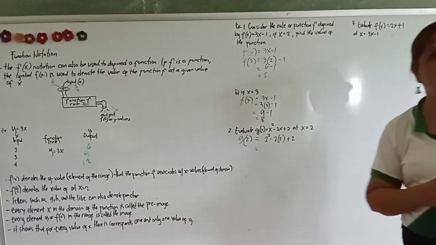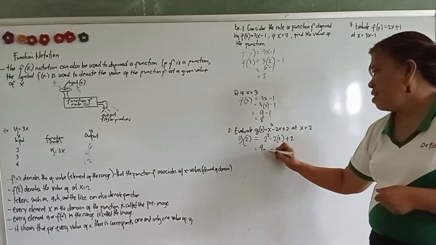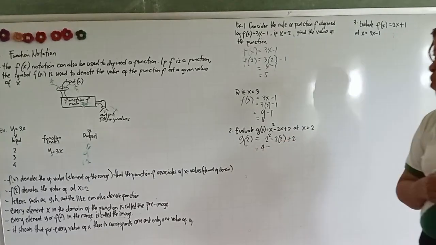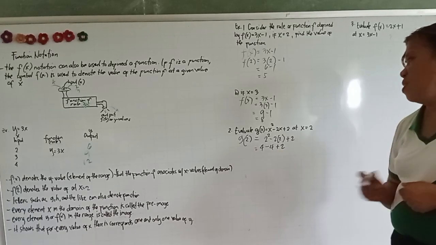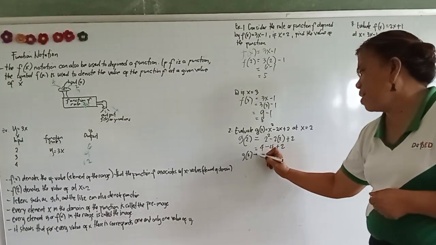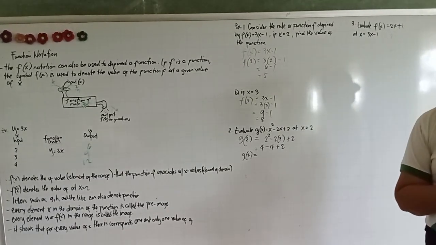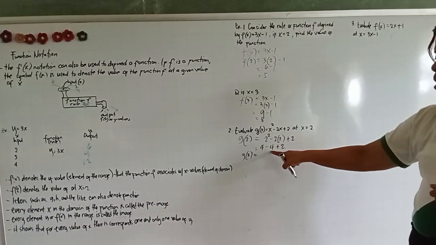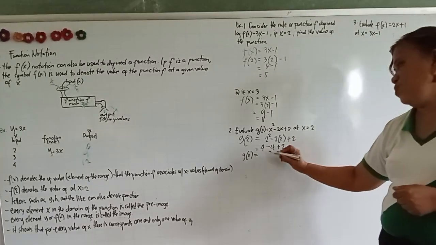Okay, so 2 squared, what? 4. Okay, 2 times 2, 4. Plus 2. So what is our g of 2? What is the value? 4 minus 4 plus 2. 2.